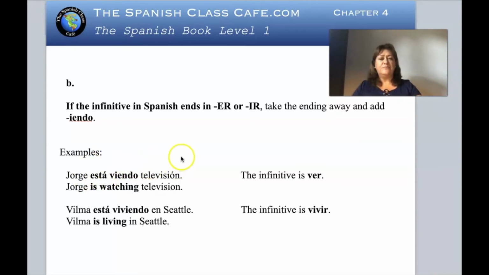Then this is pretty easy because it translates literally from Spanish to English. You use the verb to be, and it's the verb of the sentence. It's the one that is going to be changing with the subject, and the ing word does not change. It stays the same as you change the subject.